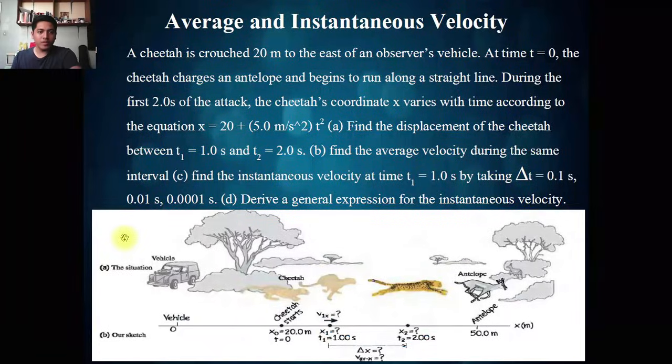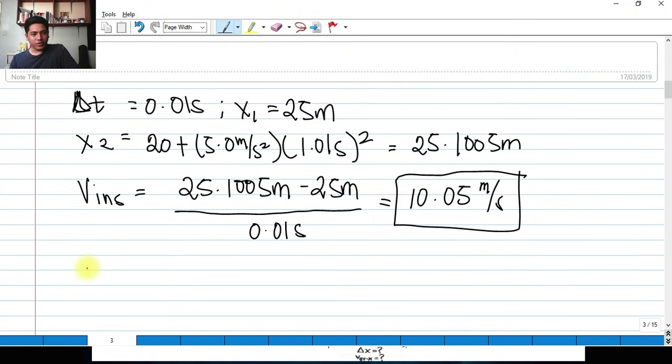But the problem is also asking if we take delta t as 0.0001 seconds. Let's try what will happen. Taking delta t as 0.0001 seconds, x1 is still 25 meters.